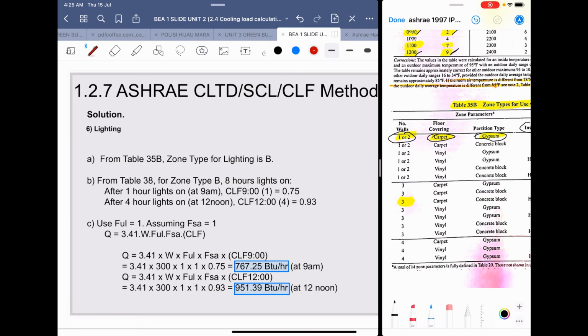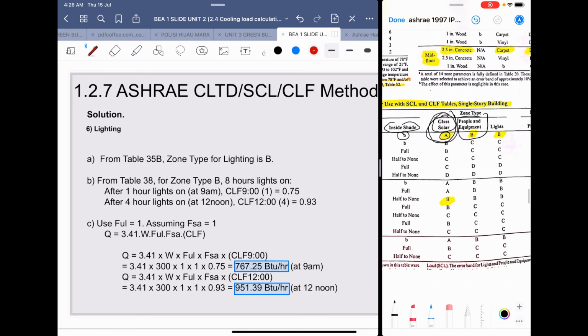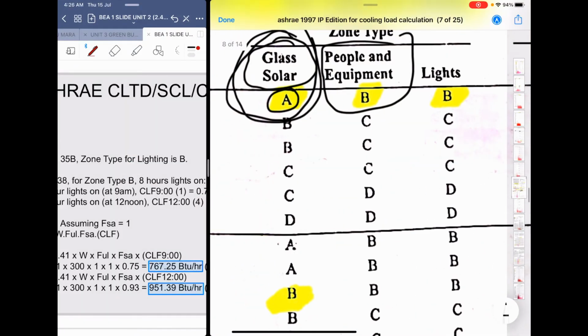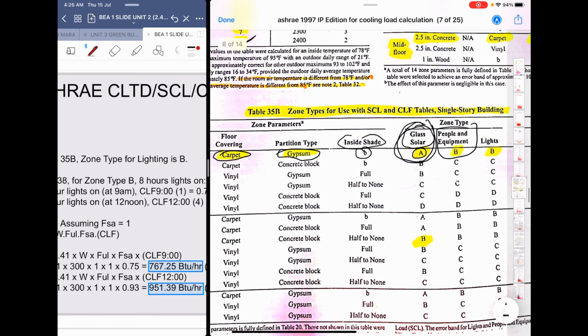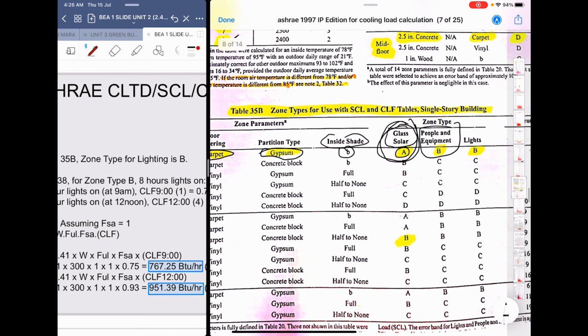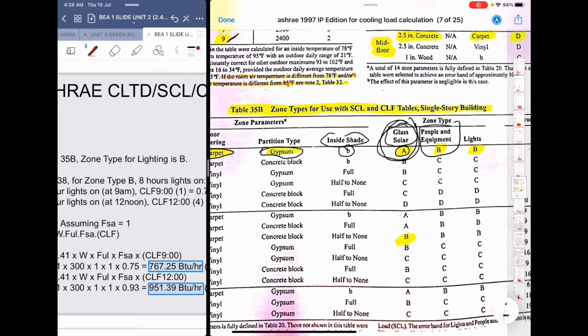Continue with the heat load from lighting. How to get the heat load from lighting in the class? From table 35B, we still have to determine the zone type for lighting. Just continuing from just now, table 35B, zone type with SCL and CLF table for the single story building.